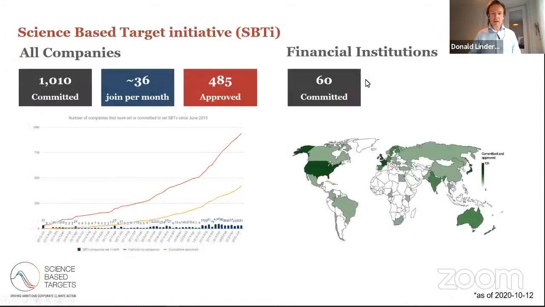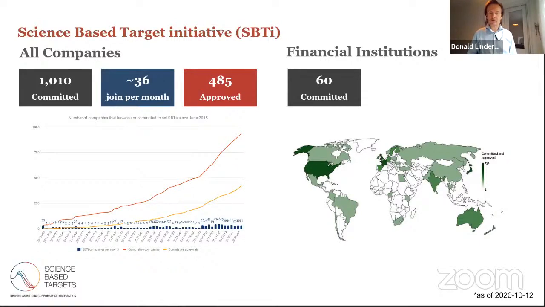So with that said, let's get going. Just to set the scene a little bit, we have just passed 1,000 companies that have committed themselves to set science-based targets, which is great. As of yesterday, 485 of those have had their targets approved by the SBTi, and 60 financial institutions are committed to setting science-based targets.